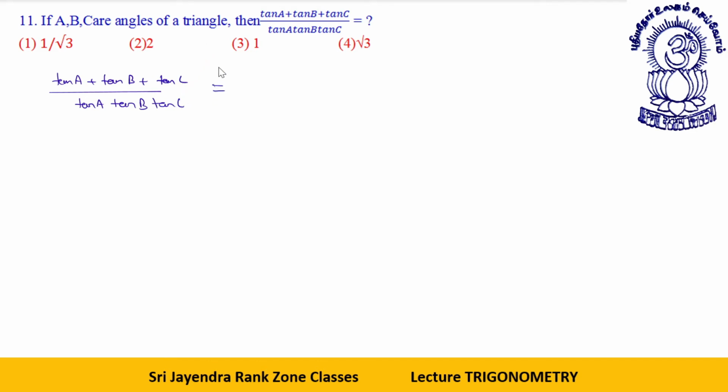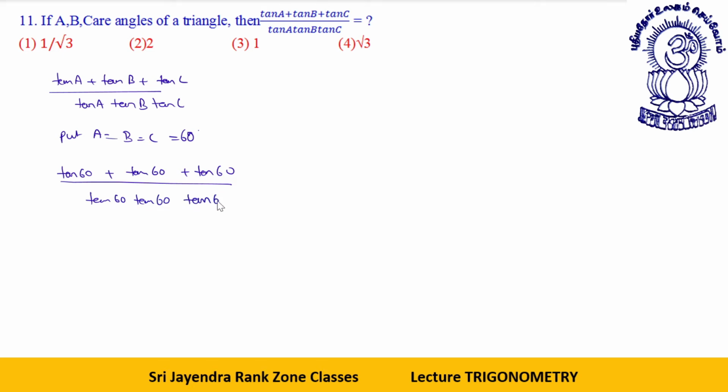This will be what I'll suggest you: put A is equal to B is equal to C, all of them as 60 degrees. So you get tan 60 plus tan 60 plus tan 60 divided by tan 60 into tan 60 into tan 60. Fine.